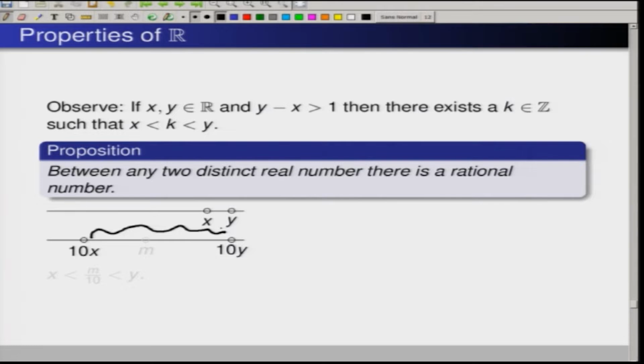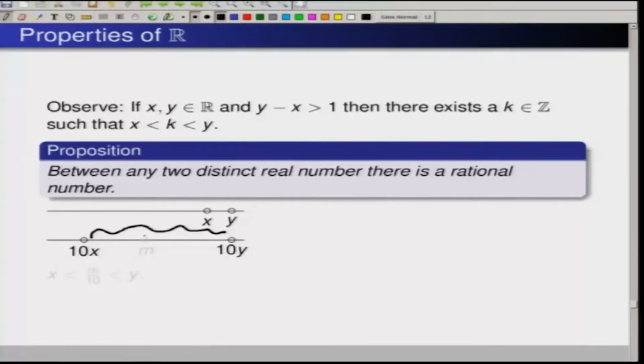Think of it as an elastic. Your x and y, you stretch them, and then you are going to get an integer over there.